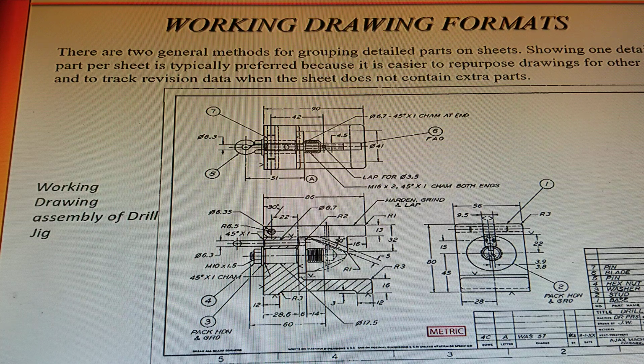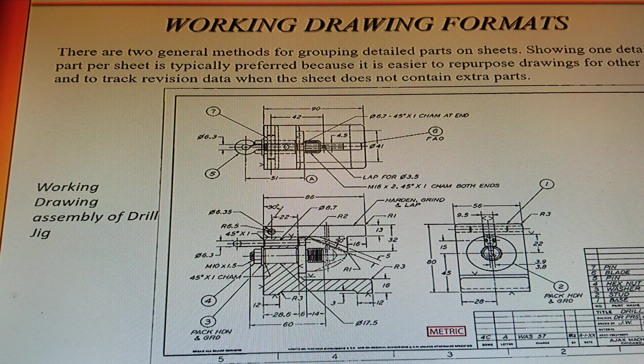It's a working drawing and a detailed drawing. And like I said before, with being a detail and a working drawing, it gets very cluttered, very busy, and very confusing. That's why that note above it says you typically want to show these parts on separate drawings.